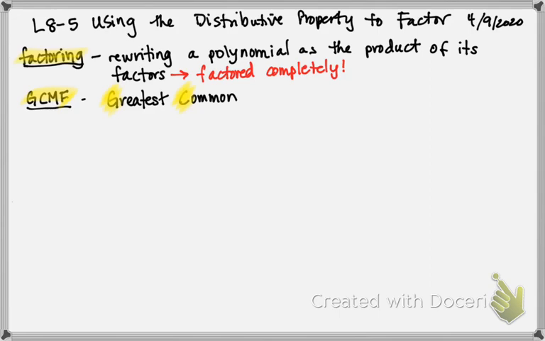I got F for factor, but what's that M? Well, that is monomial. So if you remember the definition of a monomial, it can be a number, a variable, or a combination of numbers and variables. Now what we're looking for is not just a coefficient that they all share in common, but we're also looking for a variable they could all have in common.